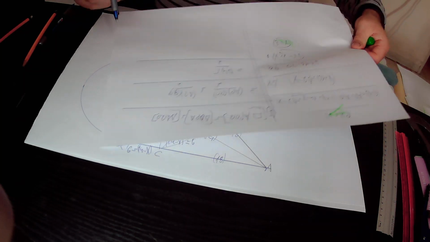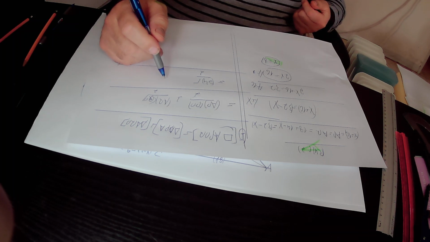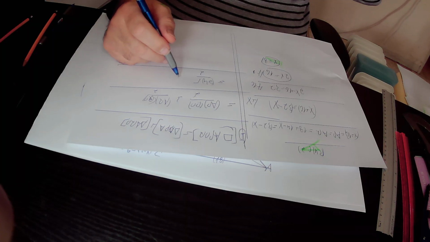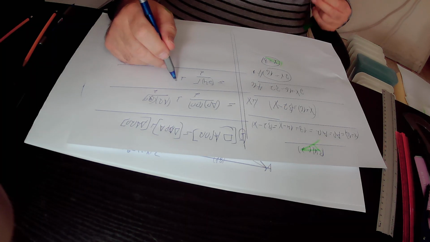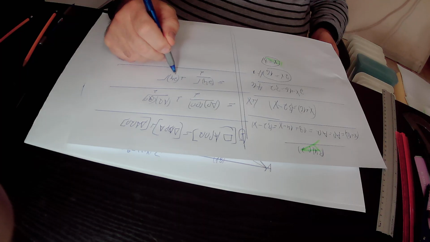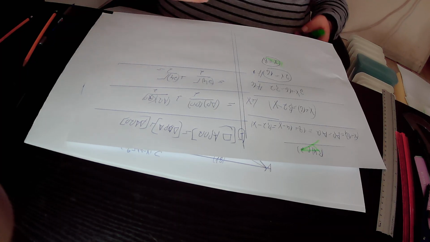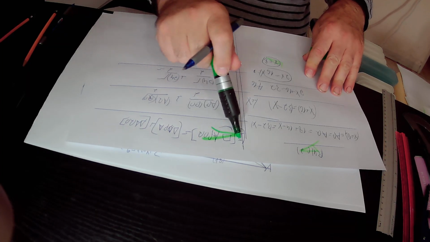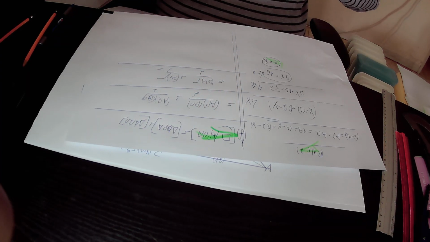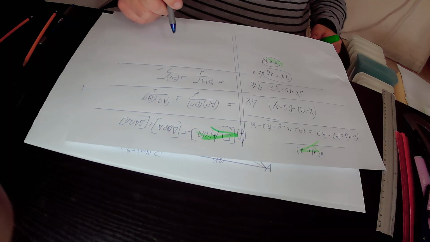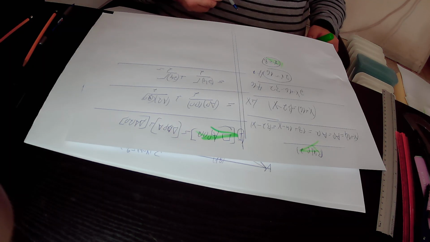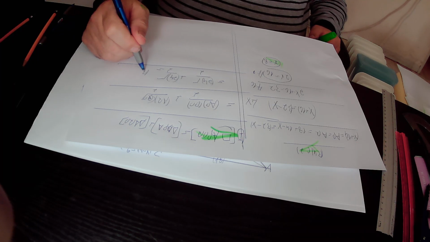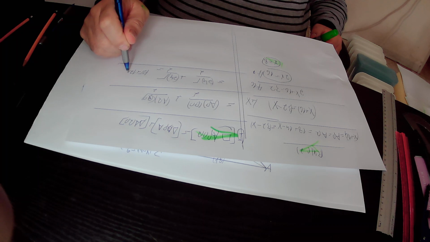So in total, the area of the big quadrilateral APOQ according to the first method of calculation equals 24R over 2 plus 24R over 2. So 24R over 2 is 12R, and 12R plus 12R is 24R.